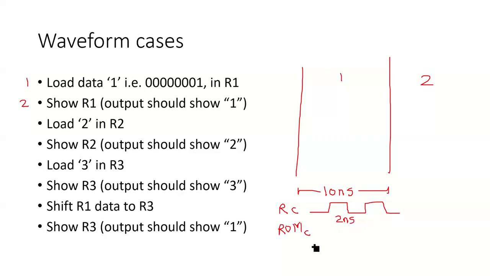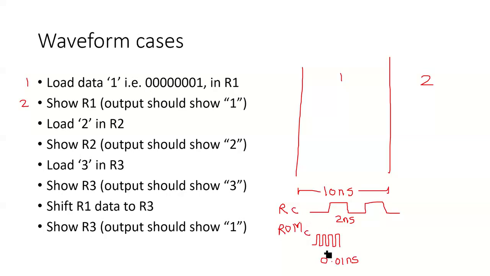Now your RAM clock should be much faster because it needs to refresh the display instantly, right? So you can make this as small as 0.01 nanoseconds. That will just make sure that there is no delay between your action and display, okay?